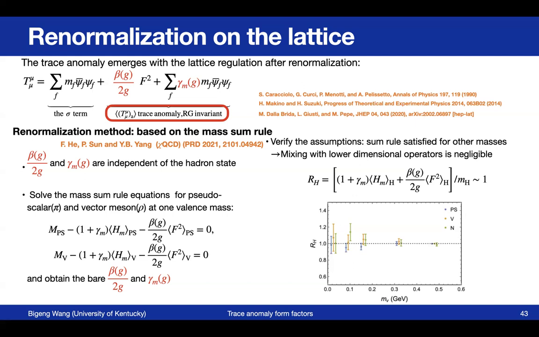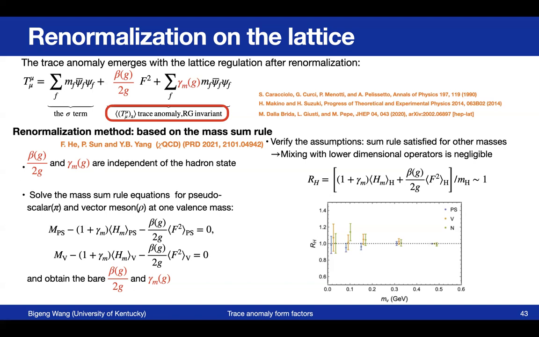One way we tried to do it, but couldn't put that out. So that's the way it can be done now. The beta over 2G, if they are scale dependent, depend on the lattice spacing at this moment. We don't know anything about MS bar or gamma M.